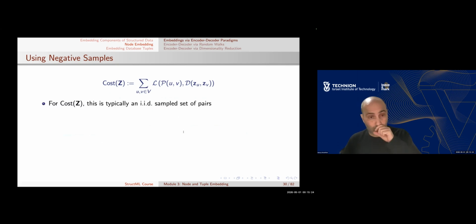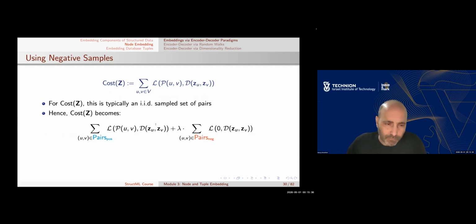First, for the cost, we'll typically use some IID set of pairs, okay? And so what we will have is the sum of positive pairs. We compute the loss as originally defined. Plus, going over these uniformly distributed pairs, we compute the loss.